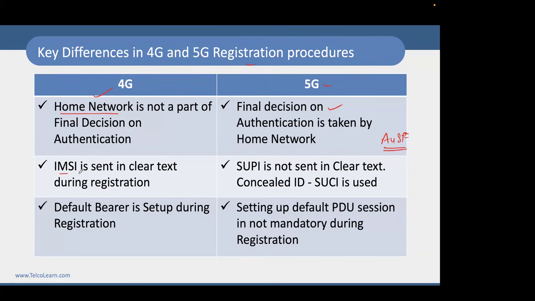In case of 4G, IMSI is sent in clear text during registration. In case of 5G, SUPI is not sent in clear text. It is sent as a SUCI, or a concealed identity, which is a one-time identity. So SUCI is not really a continuous identity.